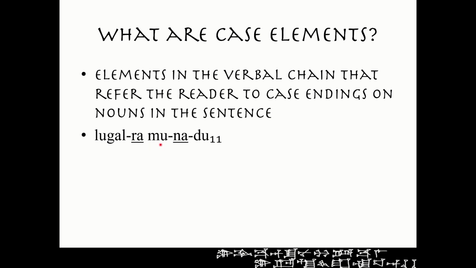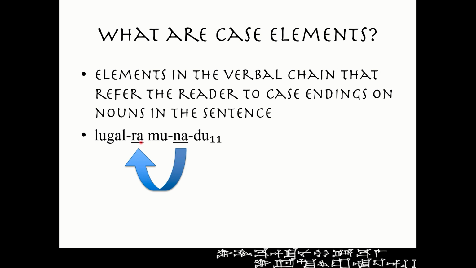Mu, from the previous slide, is a conjugation prefix. Na is the dative case element. So this na refers you to the ra on lugal. So this is a dative infix case element. This is a dative case marker.